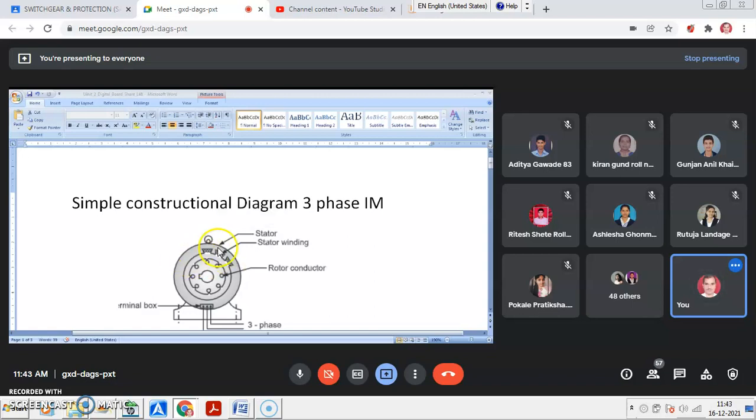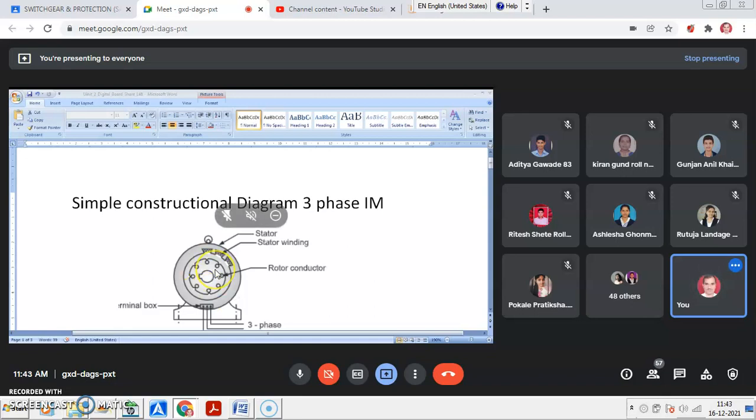Then this winding is covered with the outer frame of silicon steel for protection of winding. So this stator is assembled inside this frame.